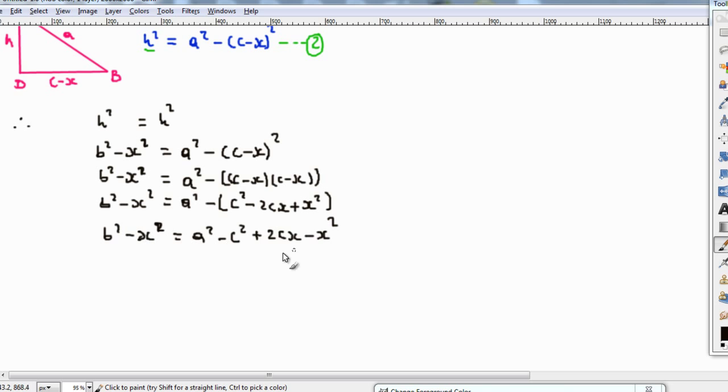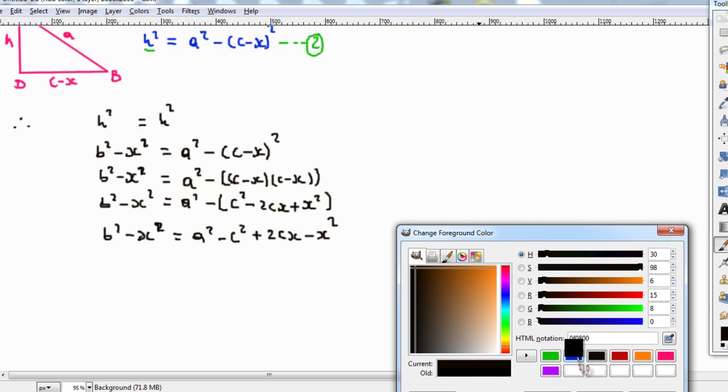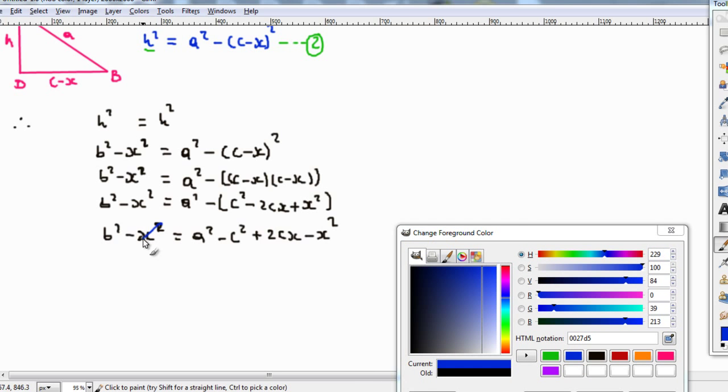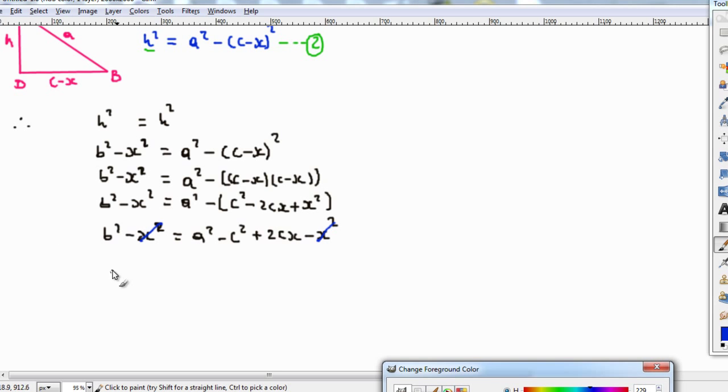And then minus x squared, if we multiply positive, we can cancel out those x squareds. Then after doing so, b squared is equal to a squared minus c squared plus 2cx.